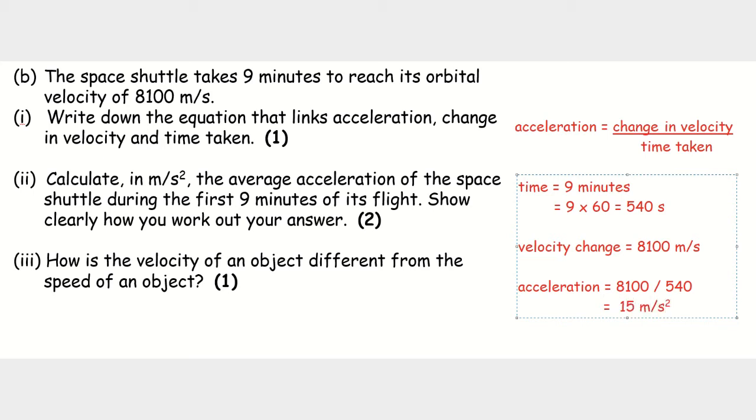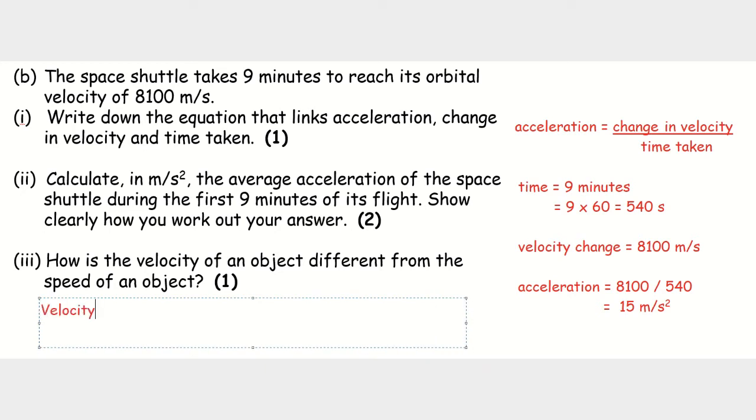per second squared. And then finally it asks you, how is the velocity of an object different from the speed of an object? Well, you'll have learnt this, I'm sure. So you'll be saying that velocity is a vector quantity.